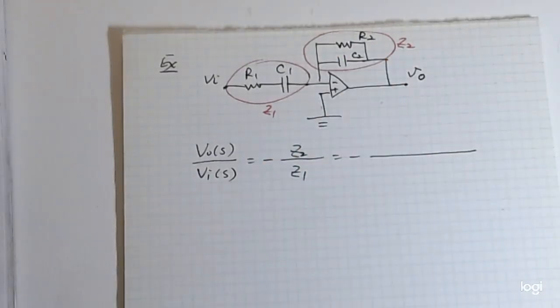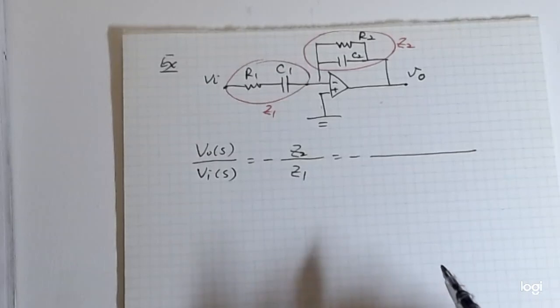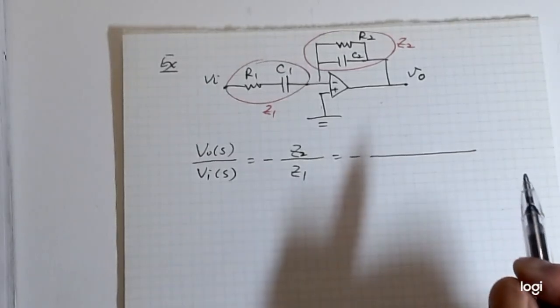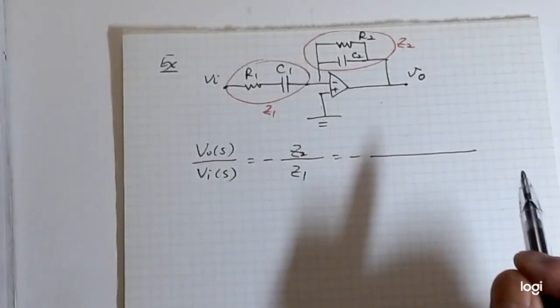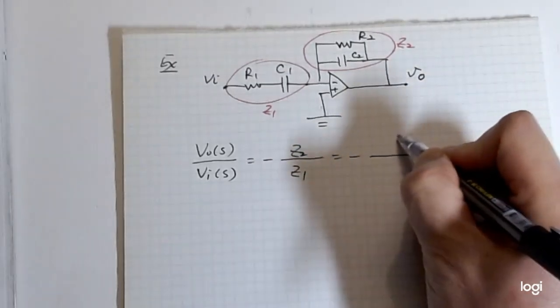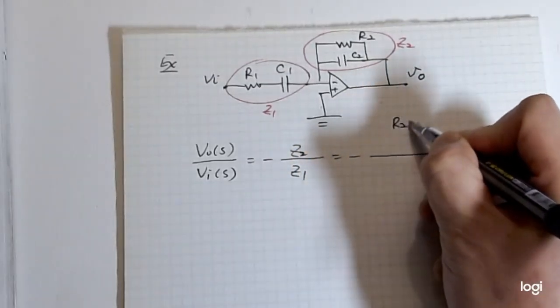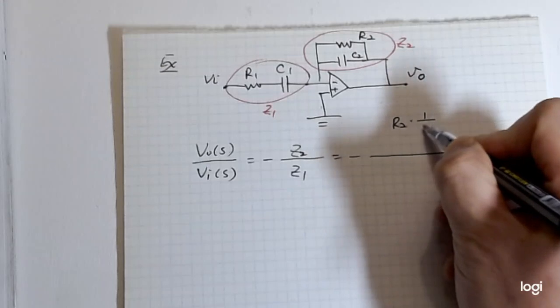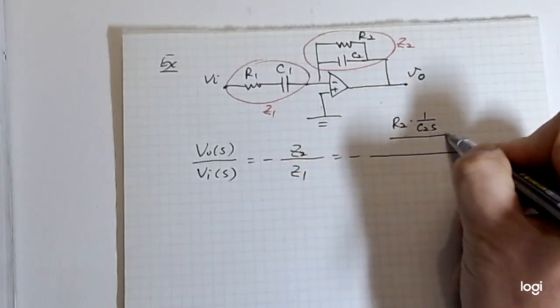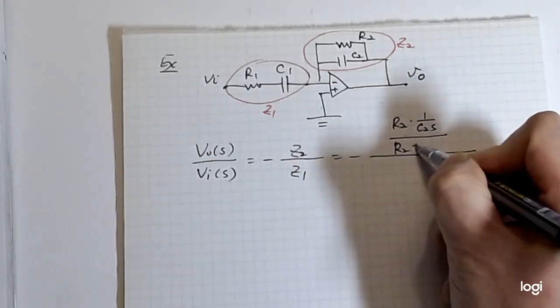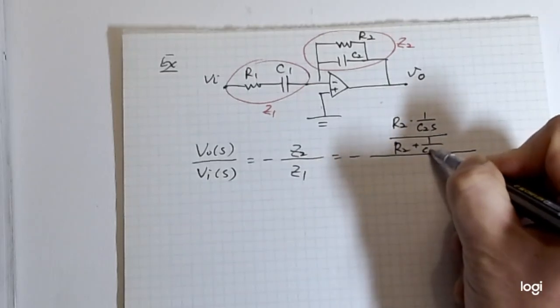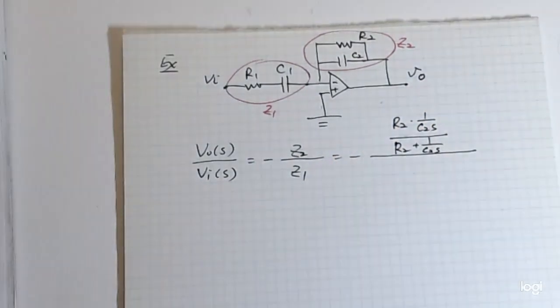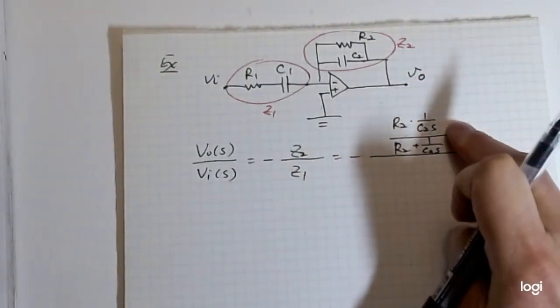Z2 will be two impedances in parallel, so the equivalent one should be product over summation, so R2 times 1 over C2S, product over R2 plus 1 over C2S.